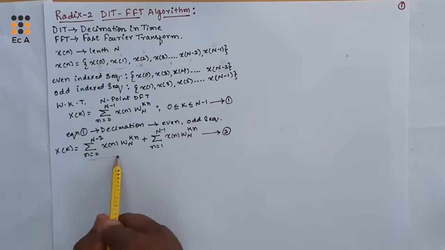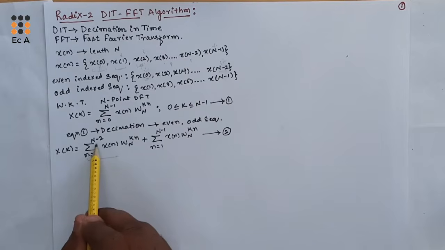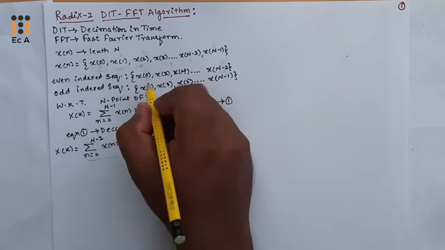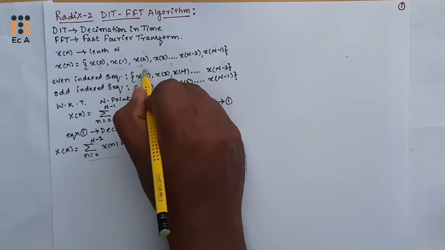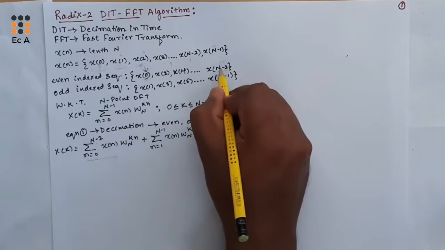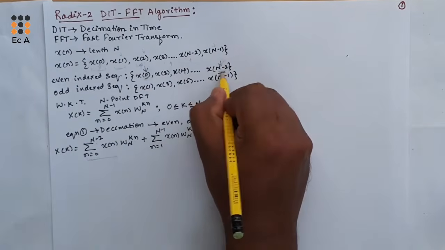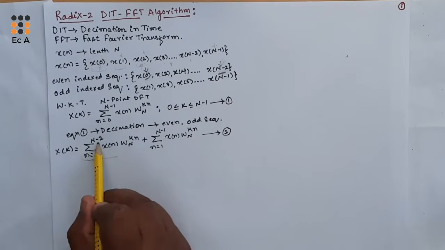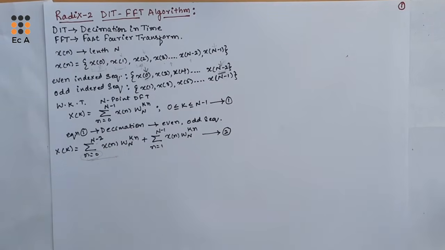Here for the even indexed sequence, the n value is from 0 to N minus 2 for the summation. This value we have taken from this sequence. You can observe here the n value is 0 and it is up to N minus 2. That is why we have taken the summation as n is equal to 0 to N minus 2 for the even indexed sequence.